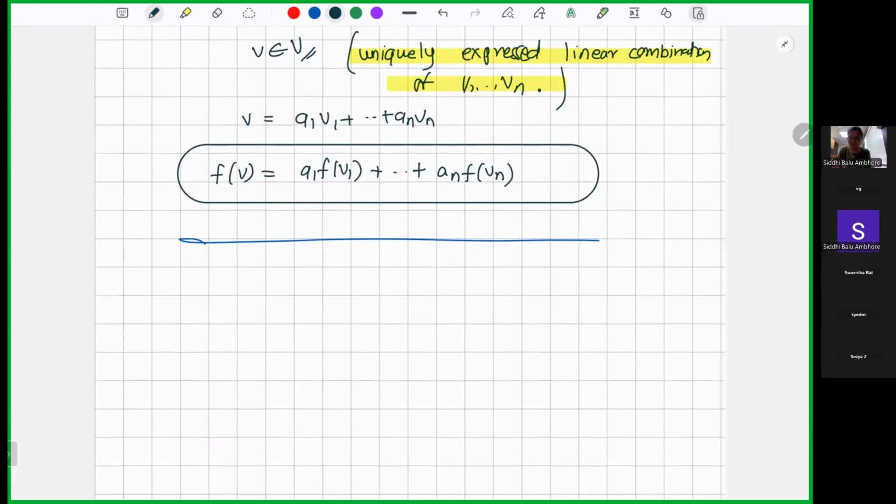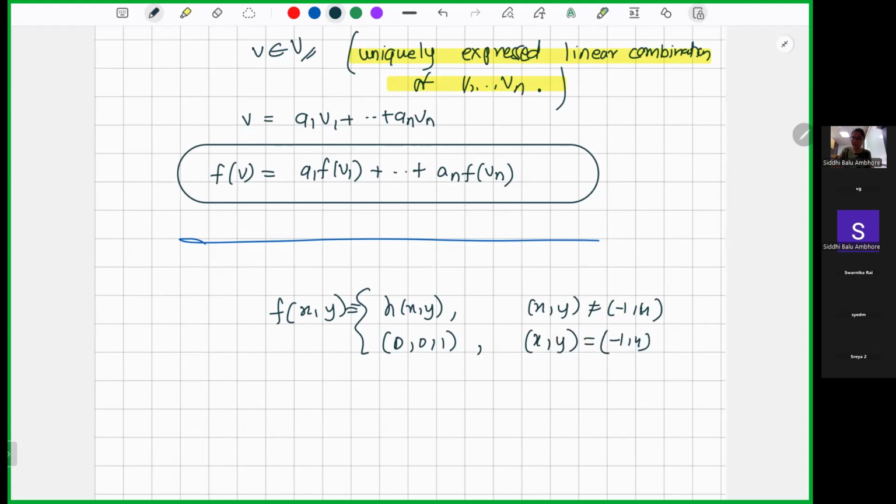H we know, so it will be f of x comma y is h of x comma y when x comma y is not equal to minus 1 comma 4, and I can define it to be 0 comma 0 comma 1 whenever x comma y is minus 1 comma 4. So this will satisfy all these three properties, because of h, f of 1 2 will be whatever that is, f of 2 1 will be 0 1 0, I think, and h of minus 1 comma 4 is this and everything. But this is not a linear map.